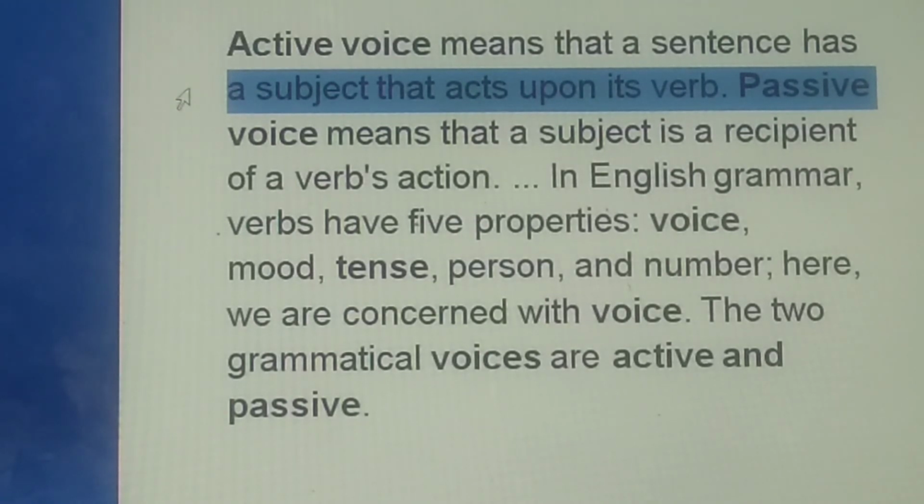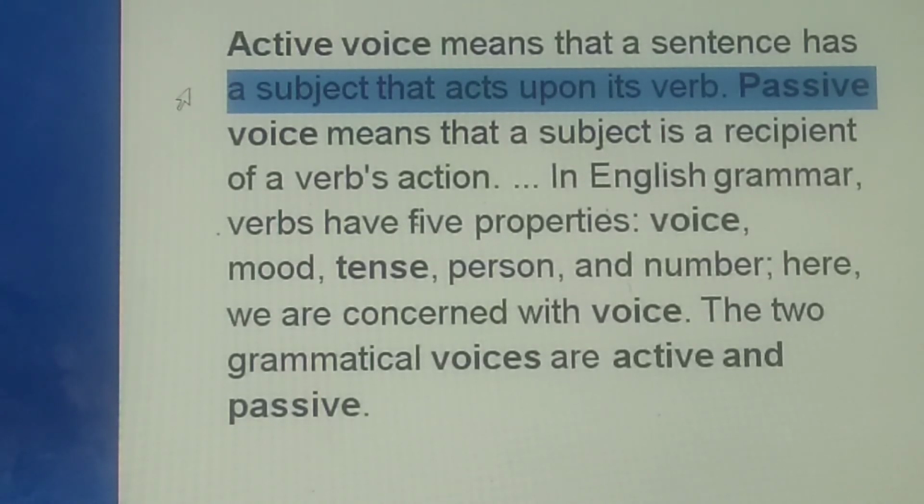So we have done a lot of exercises so that you can be thorough with this particular chapter, active voice and passive voice. You have to remember the rules for changing active into passive and passive into active. So you have to practice all that we have done in this session.